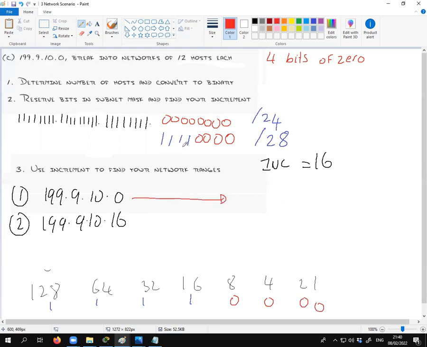And the subnet mask? 255.255.255.240. The increment value we've done here is 16. And the very last address in subnet number 1 is going to be 199.9.10.15. Okay, cool.